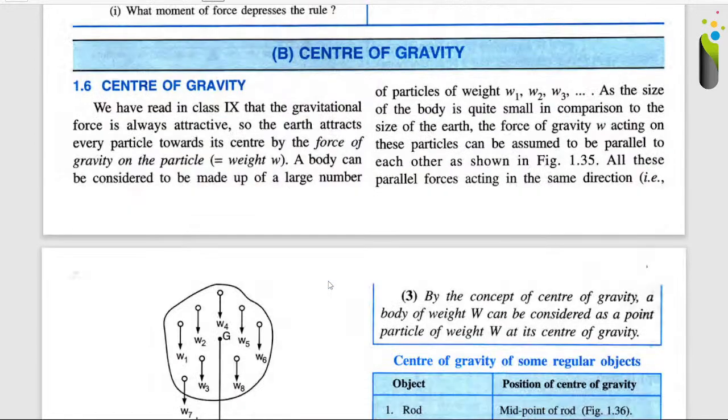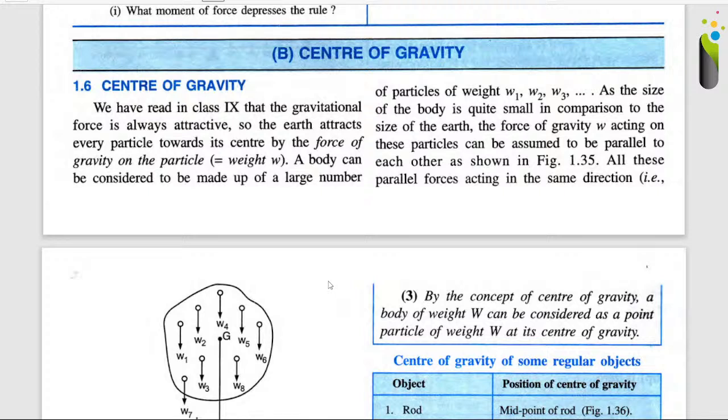Let's go to the second part, that is center of gravity. 1.6, we're talking about the center of gravity. We have read in class 9th that the gravitational force is always attractive.